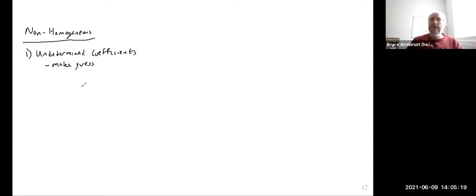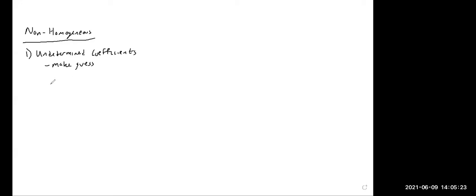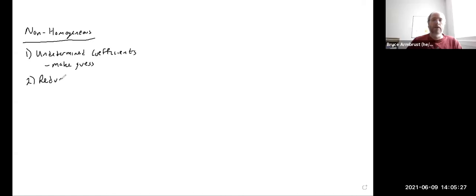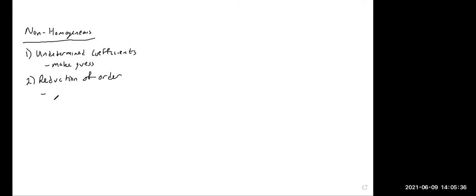Do you remember the other things we did to try to find the particular solution? Reduction of order. Okay, so we had reduction of order. And what did you need to do reduction of order? You needed one of the solutions to the homogeneous, or was it just in general?